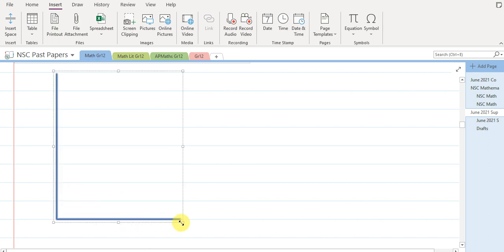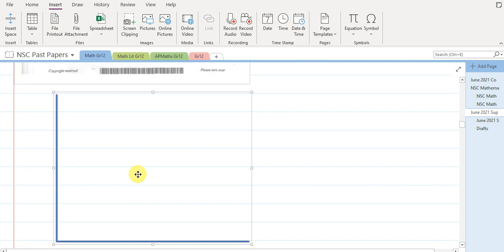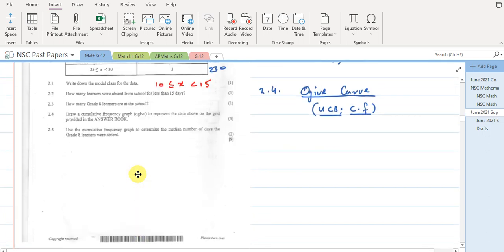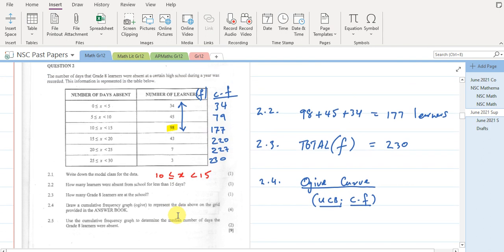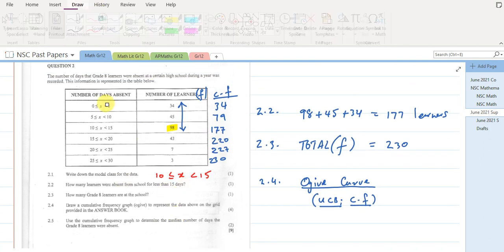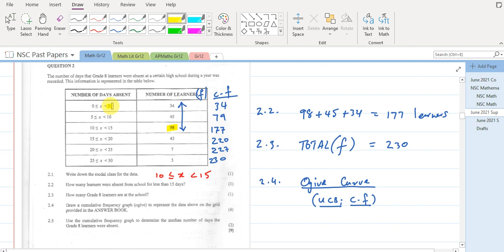Draw a cumulative frequency graph. When you're sketching the cumulative frequency graph, these are the points we need: the coordinates, upper class boundary and cumulative frequency. Those are all your points, right? So we're looking at 5 and 34, then 10 and 79, 15 and 177.